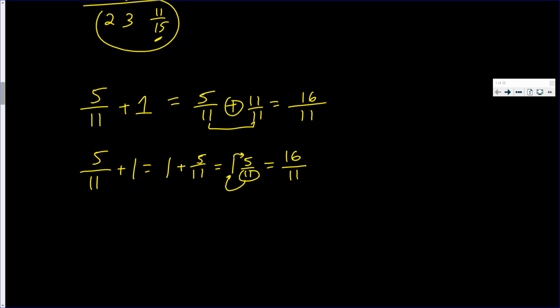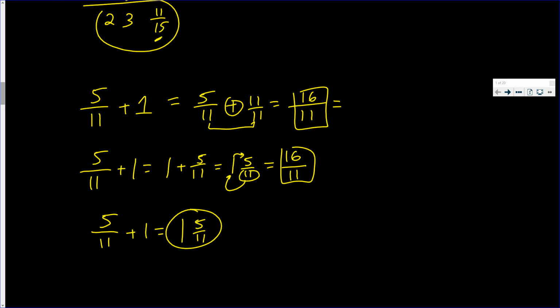Now, in both cases, if you want to write it as a mixed number, it's really easy. 5 over 11 plus 1 is just 1 and 5 elevenths, and you're done. 11 goes into 16 one time with 5 left over.